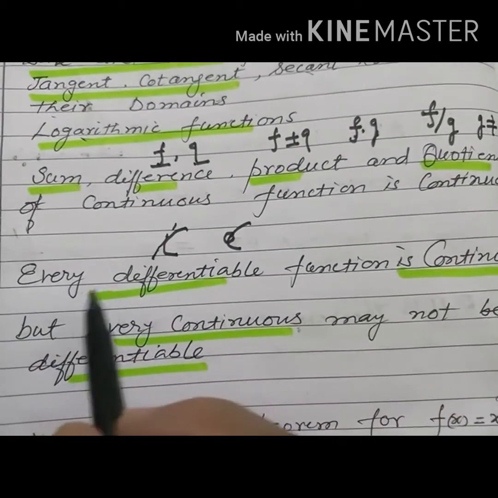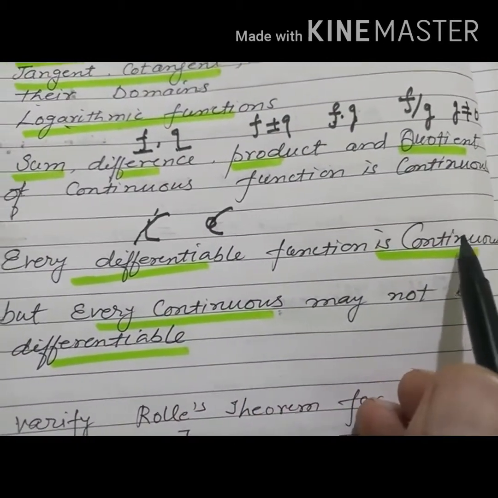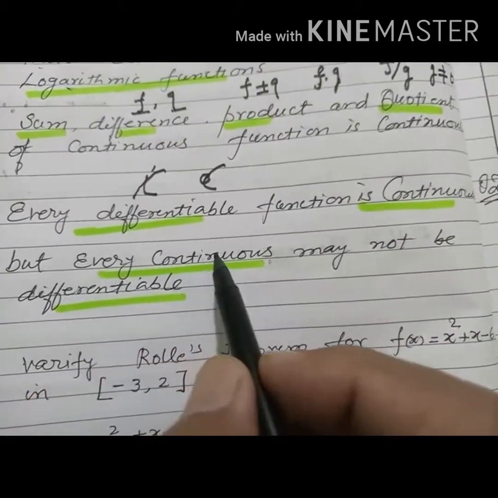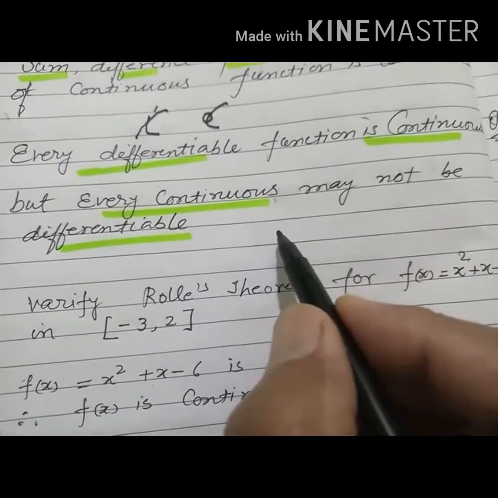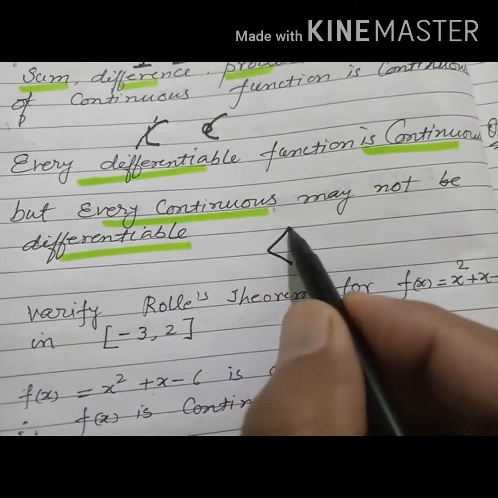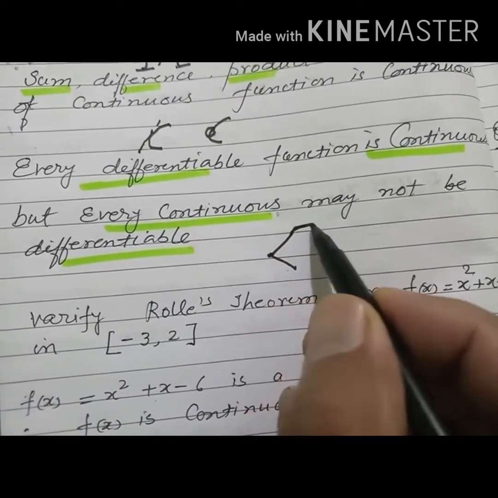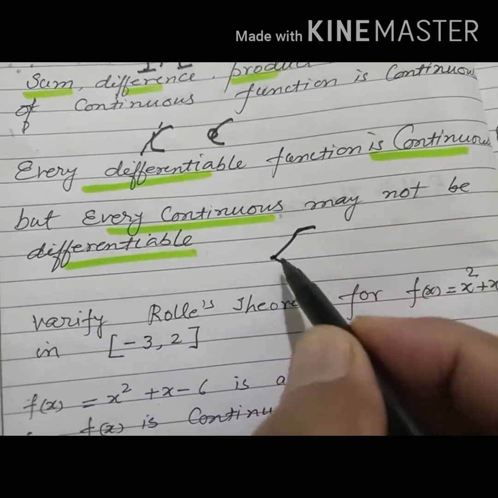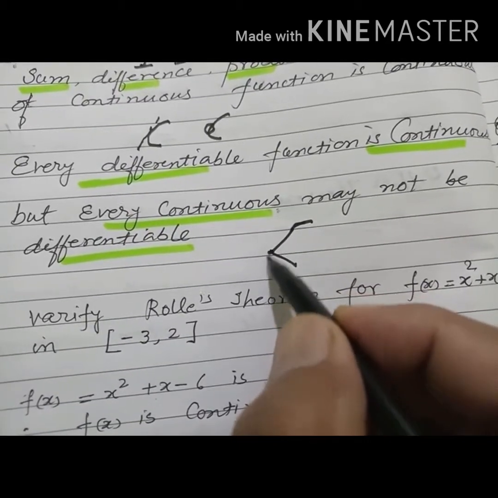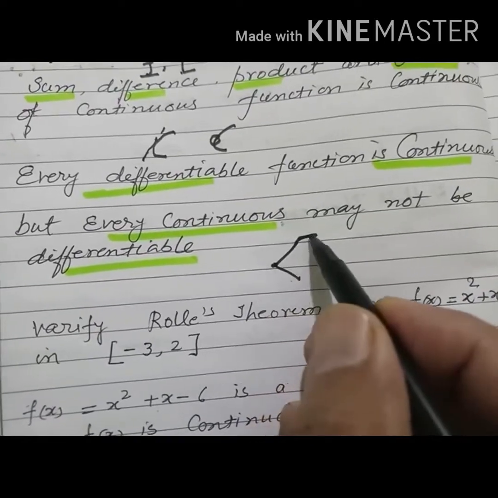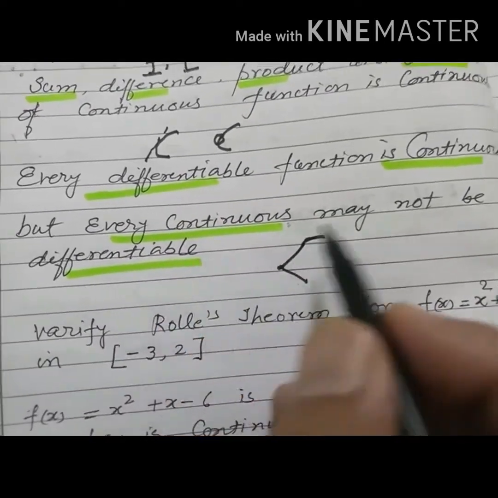So that means every differentiable function is continuous. Now every continuous function may not be differentiable. Like a curve is like this, it is having a corner. On the corner, of course, this particular function is continuous. But a tangent cannot be plotted at this corner, so the function is continuous but it is not differentiable.